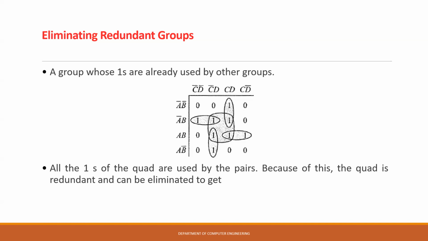That's why this chord group is the redundant group. Here possibilities are only of 4 pairs and chord group is the redundant group. I hope the concept of redundant group is now clear to you.